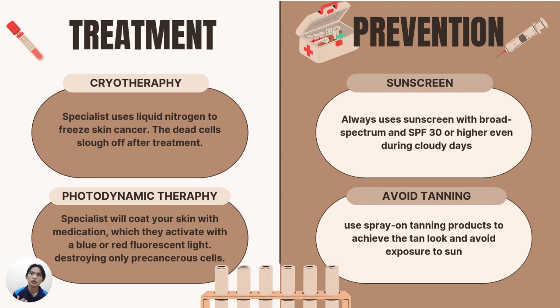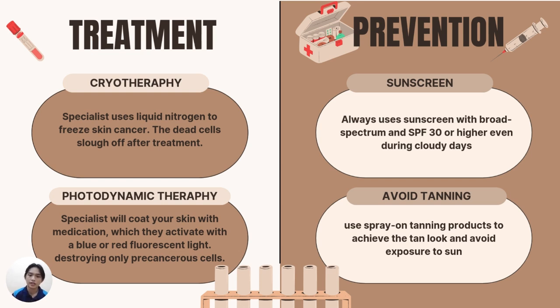So how do we prevent ourselves from getting skin cancer? What we can do is minimize our exposure to sunlight. How we do that is by using sunscreen and avoiding tanning. And logically speaking, we know that sunscreen blocks UV light from touching our skin.